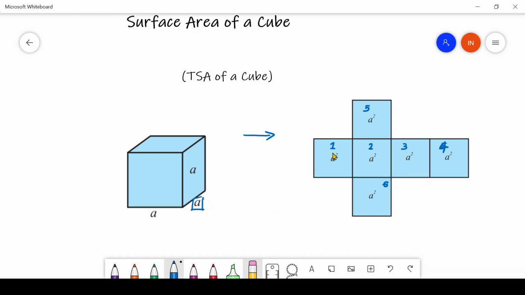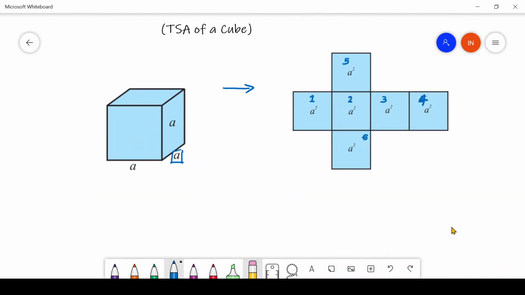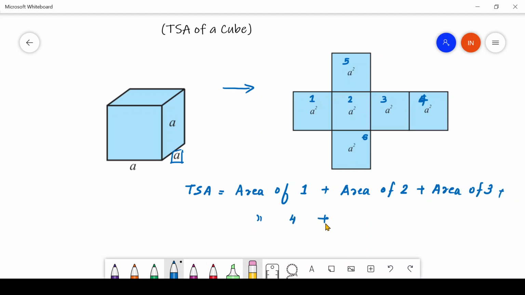So what can be the total surface area of the cube? We can find it by adding the area of each face. Area of face 1 plus area of face 2 plus face 3 plus face 4 plus face 5 and at last area of face 6.